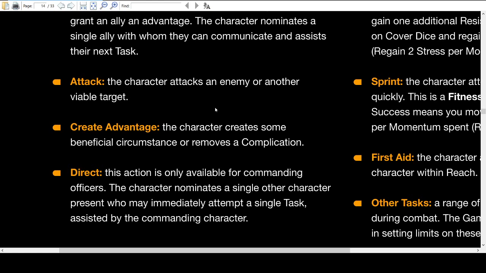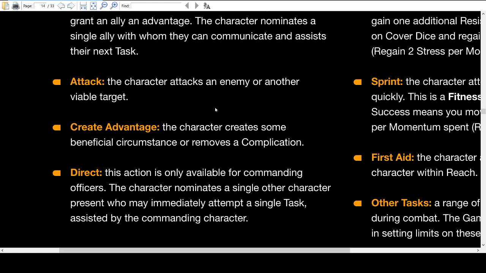I can't remember if you get complications as a result of threats, or if you pay, or maybe when the GM uses threats on you to cause a complication, and then a character can use create advantage to try to remove it. Although my question here is, how would the character know when to create advantage?